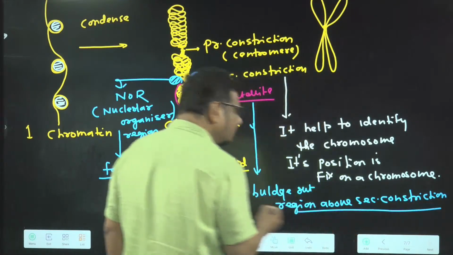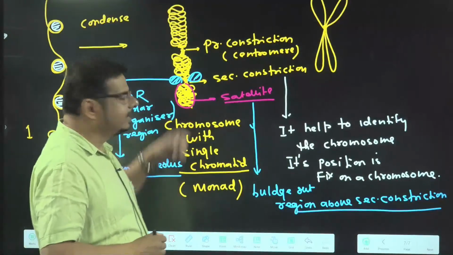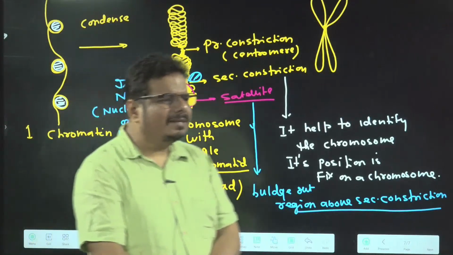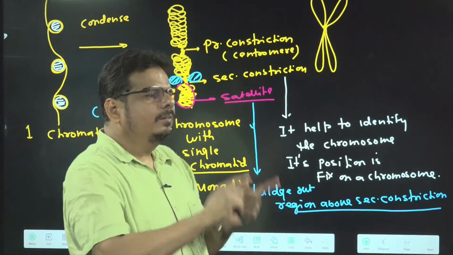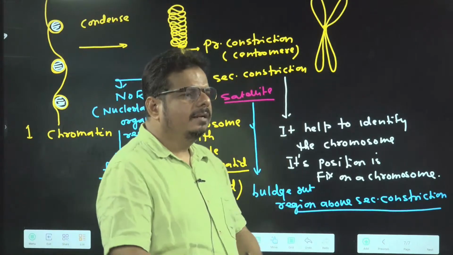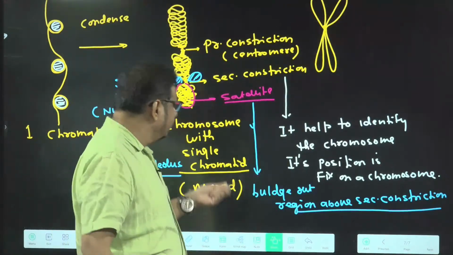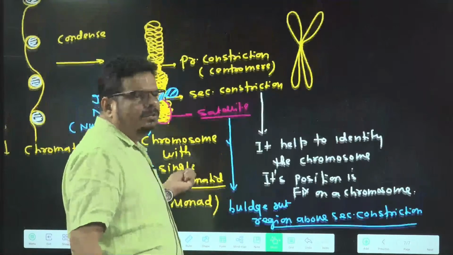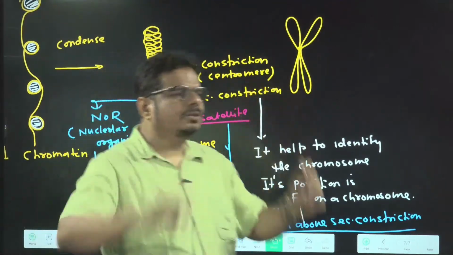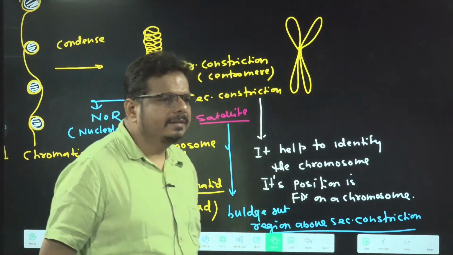Don't confuse. Where this bulge out region is there, it is present. But at this standard, I will not teach in that much detail which chromosome has satellite and which doesn't. So you just find the bulge out region, which is called what? Satellite. Clear in the mind?